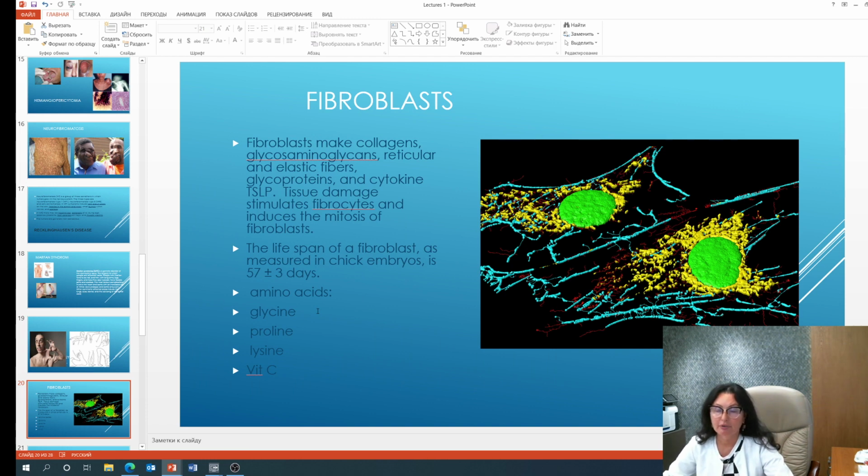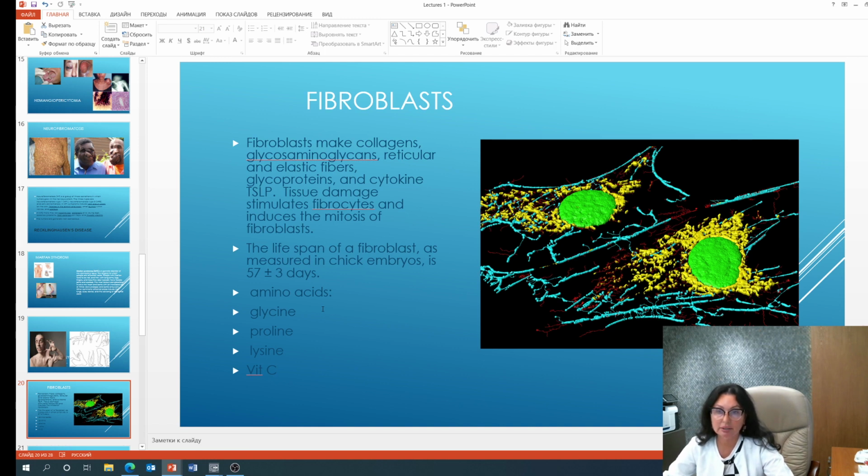Fibroblasts are very important cells in connective tissue, all connective tissue, not only skin but other organs too. Fibroblasts make collagen, glycosaminoglycans, reticular and elastic fibers, glycoproteins, and cytokines. Tissue damage stimulates fibrocytes and induces mitosis of fibroblasts. This results after injury, replacing the injured place with scar formation.